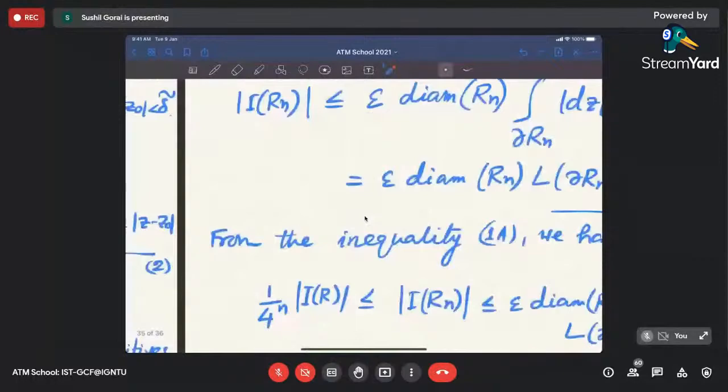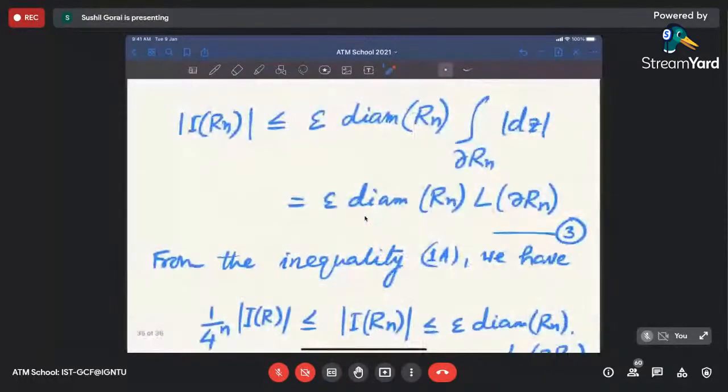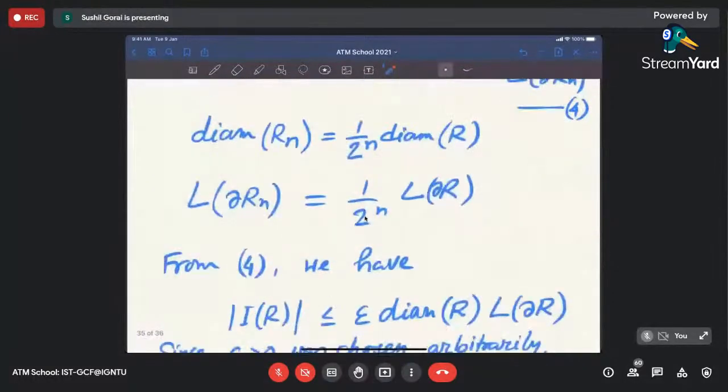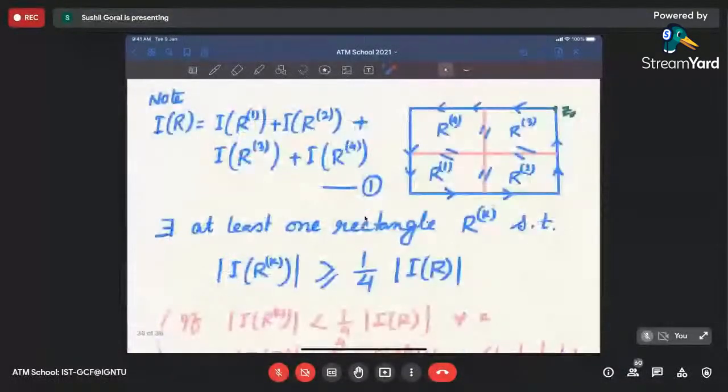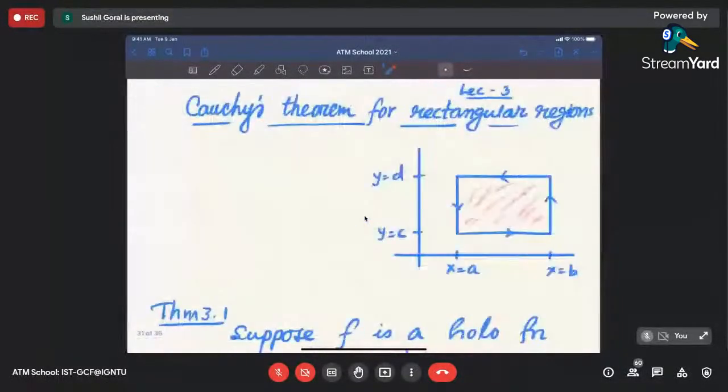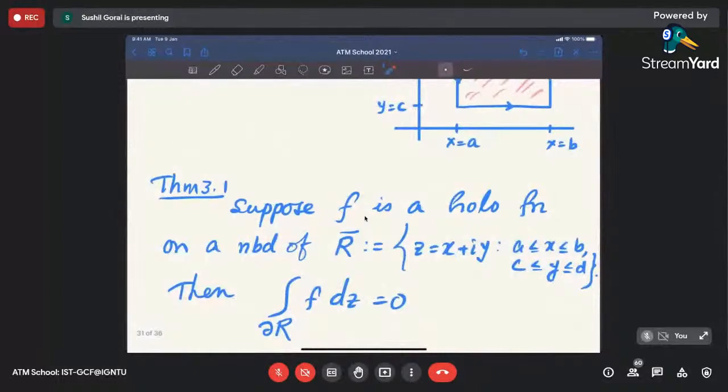All right, so this nice technique was developed by Goursat, and the point is, what was the definition of holomorphicity you have chosen? Did you assume continuously differentiable? No, differentiable on an open set.